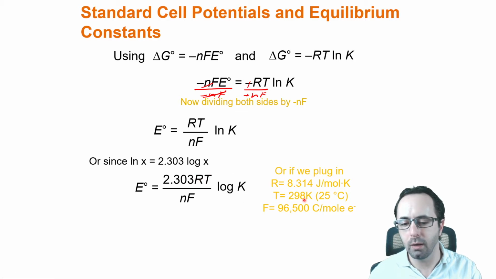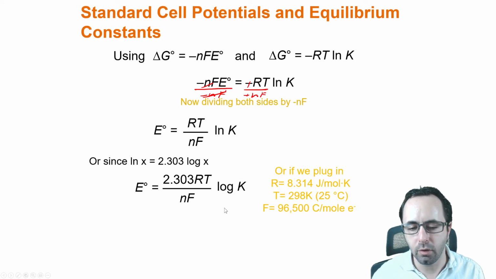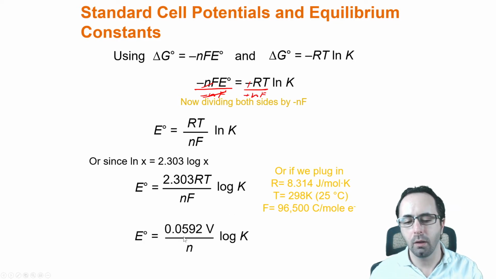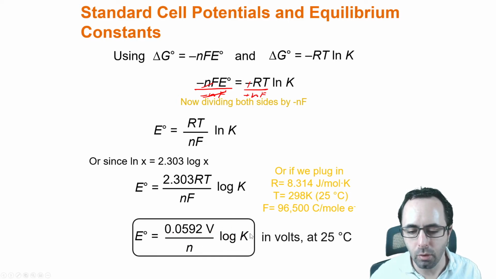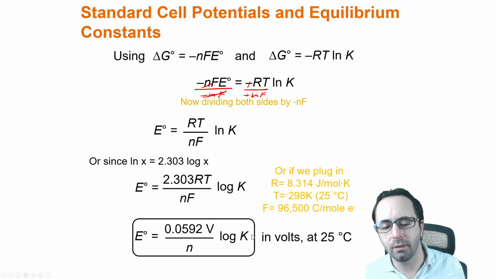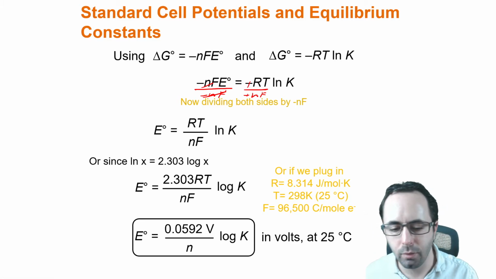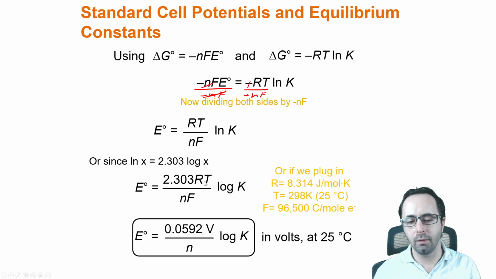We can plug in 298 again for Kelvin for temperature, and the Faraday constant 96,500 coulombs per mole of electrons, and we get that same number, 0.0592 volts over n times the base 10 log of K. And again, if you're doing calculations, this is a much easier equation to use with fewer random constants.